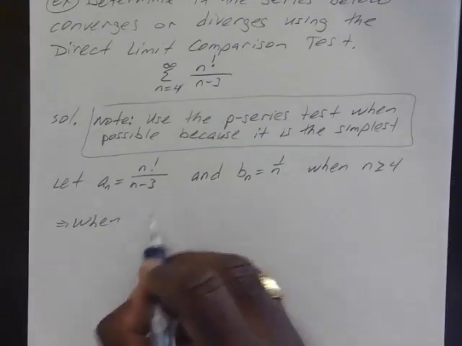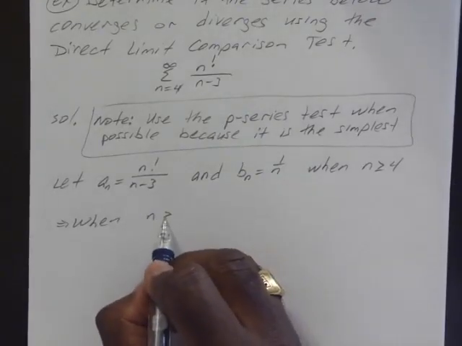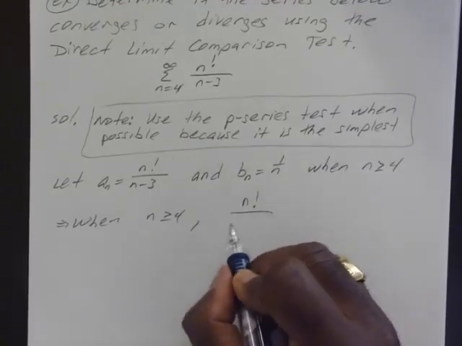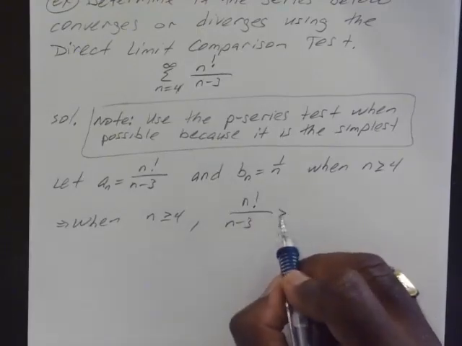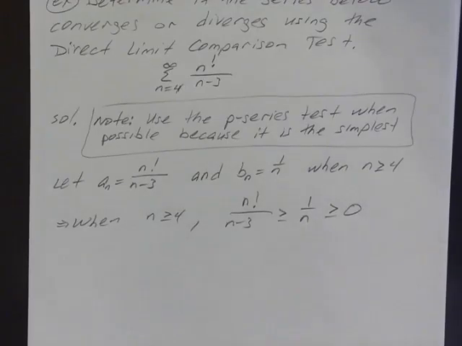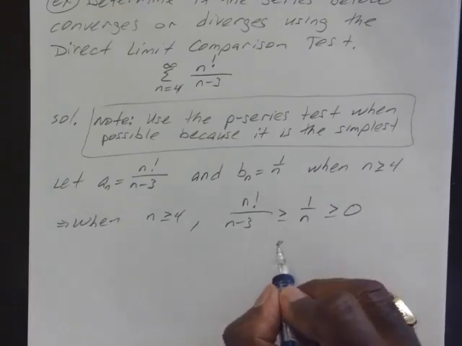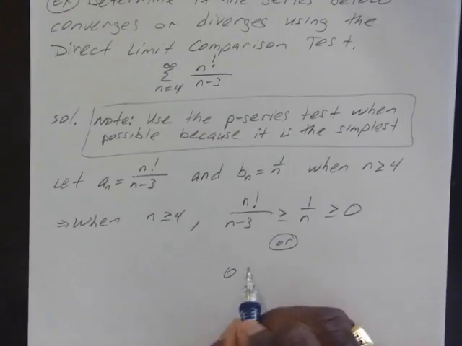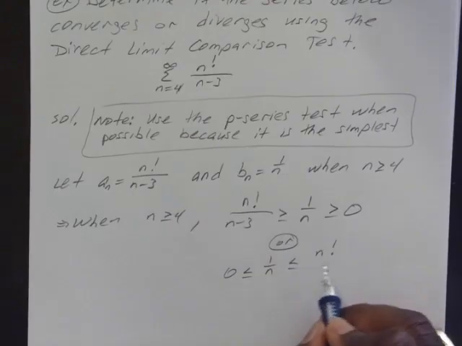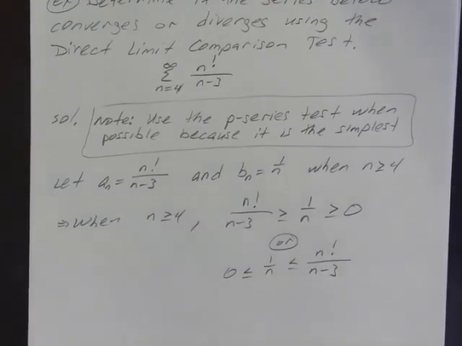So we know that when n is greater than or equal to 4, then n factorial over n minus 3 is greater than or equal to 1 over n, which is greater than or equal to 0. Or you can flip it around and just say 0 is less than or equal to 1 over n, which is less than or equal to n factorial divided by n minus 3.